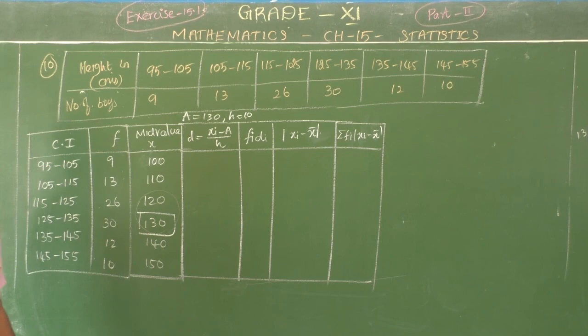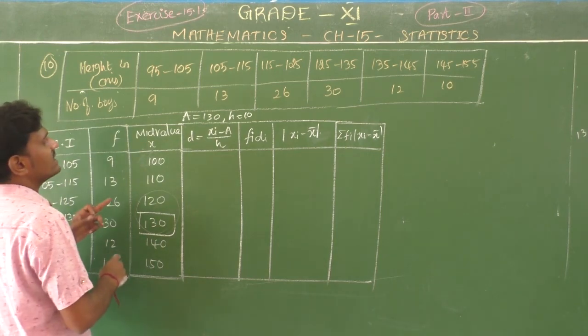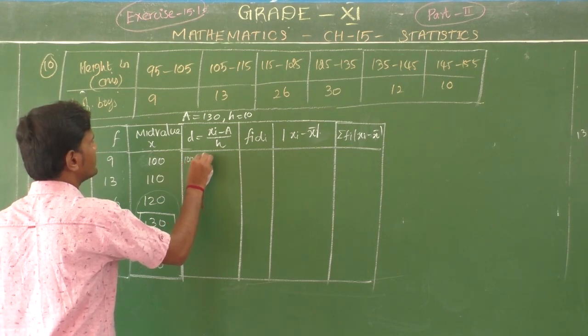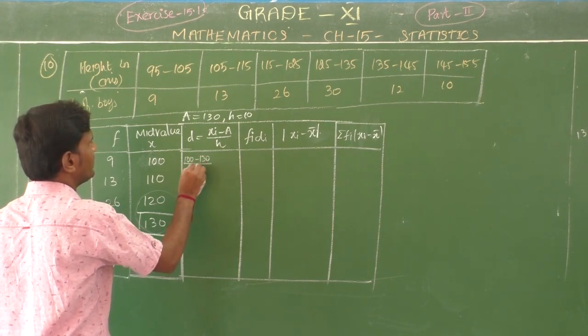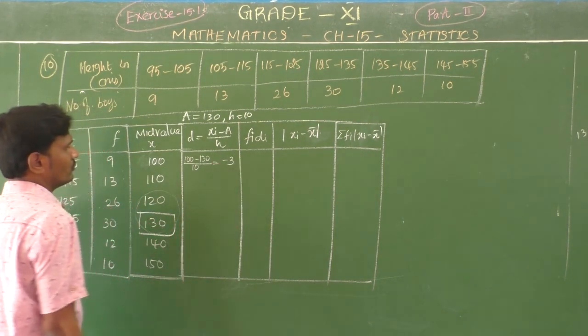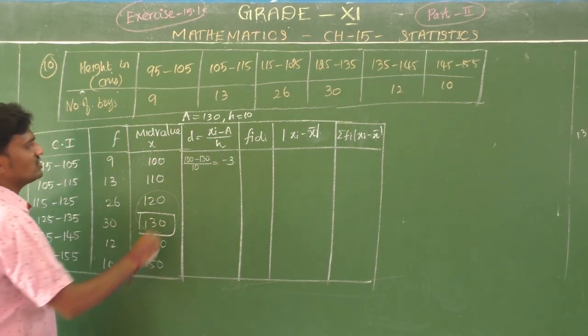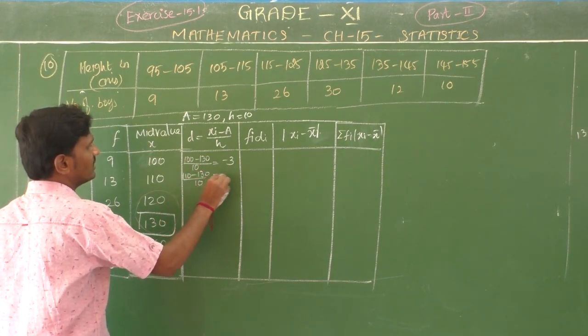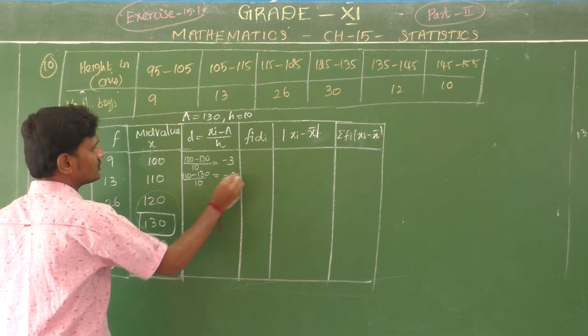Now I am going to find xi minus A divided by h. 100 minus 130 whole divided by 10 is minus 30 by 10, minus 3. Then 110 minus 130 divided by 10 is minus 2.